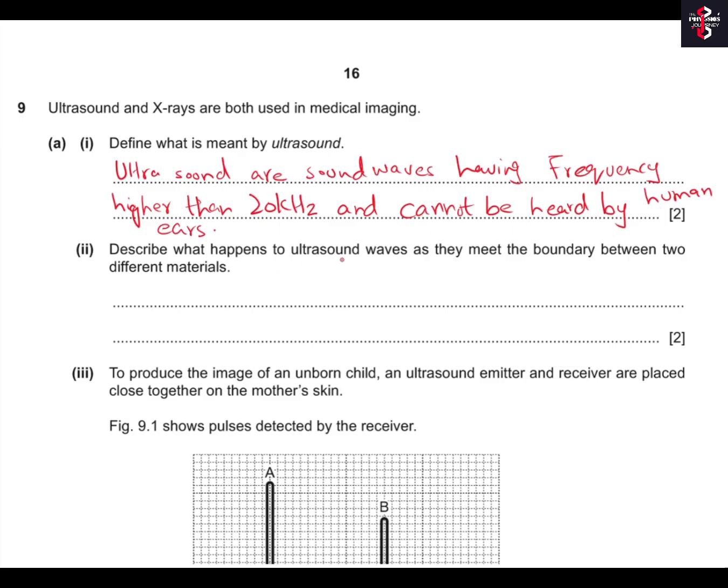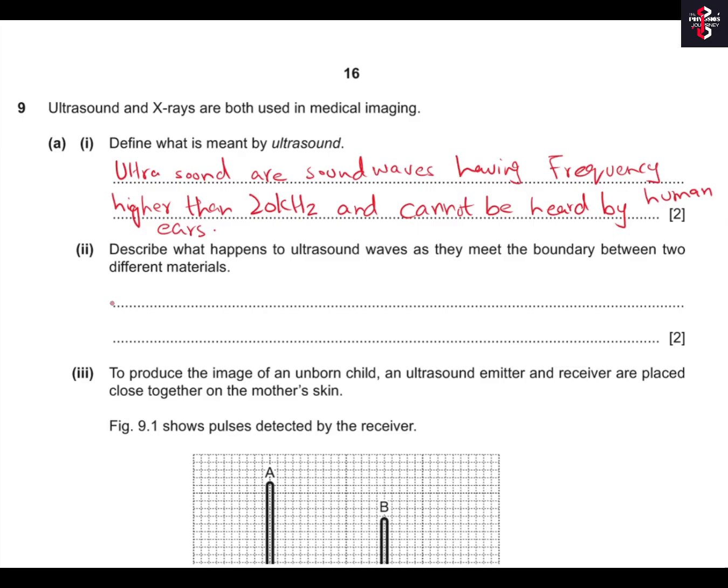Describe what happens to ultrasound waves as they meet the boundary between two different materials. The ultrasound waves are either reflected or refracted when they meet the boundary between two materials.